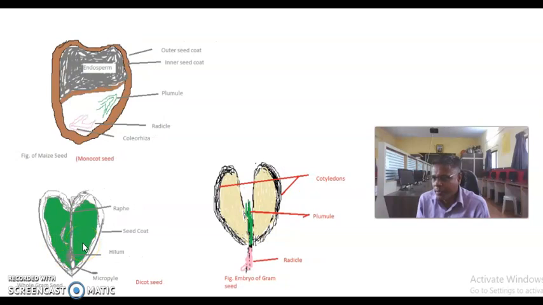Protein content in the endosperm varies and depends upon the location of the endosperm cells.